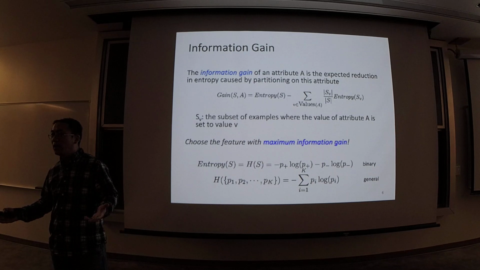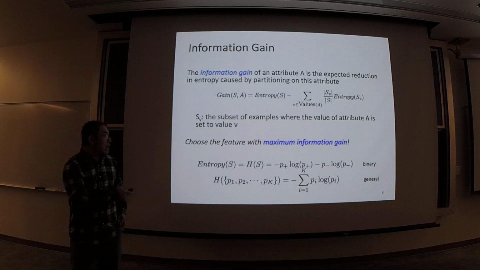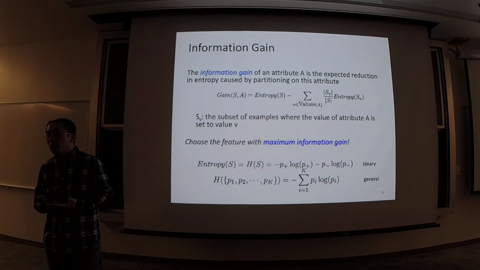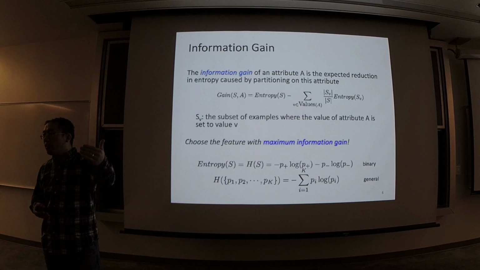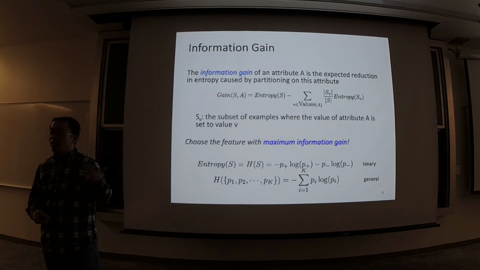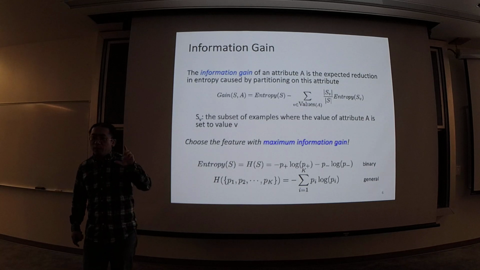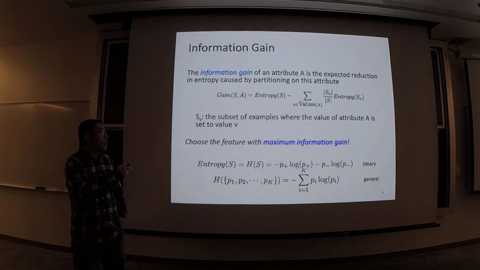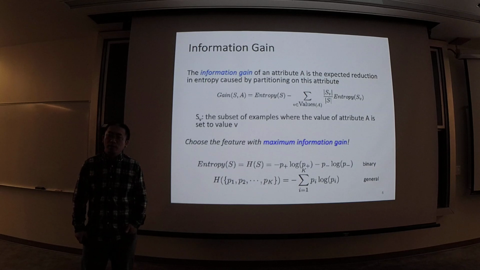So you can see entropy is a natural representation of the purity of the data set. The larger the entropy, the worse the purity. That means the decrease of entropy indicates the increase of purity. That's how the information gain is defined.